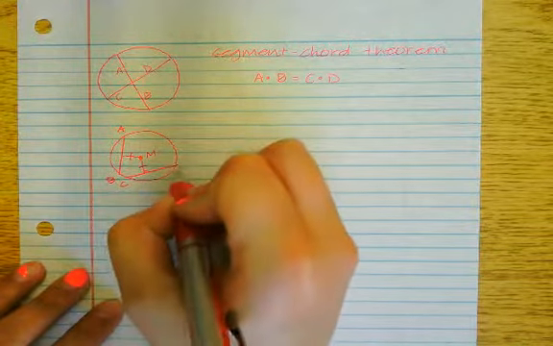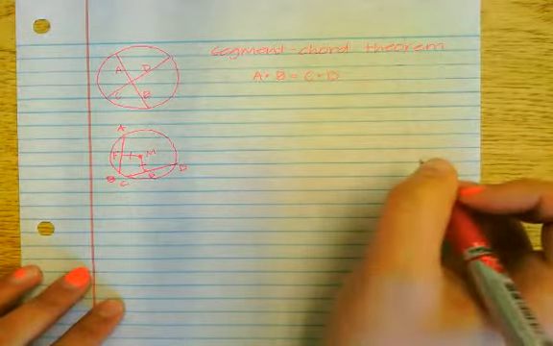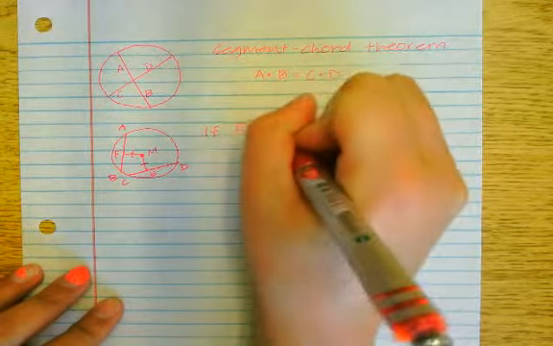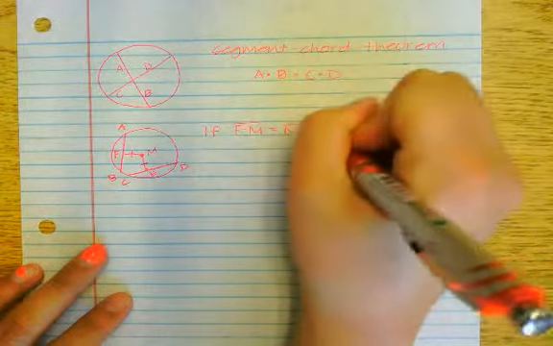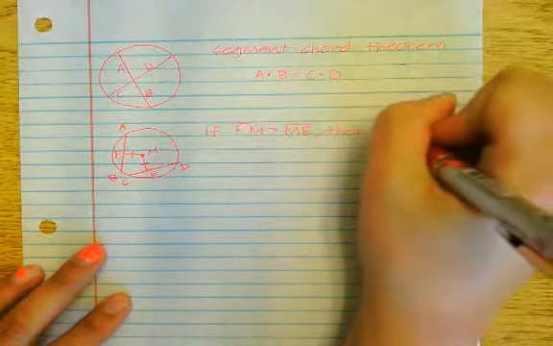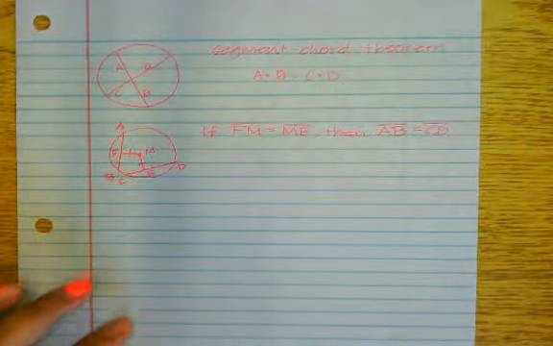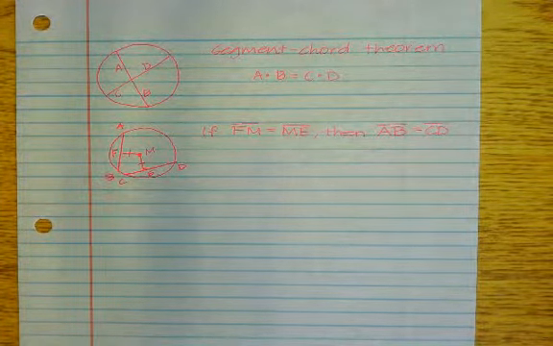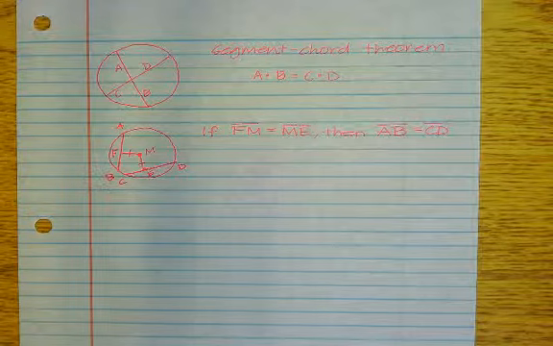So, if FM is equal to ME, then AB is equal to CD. So if the chords are equidistant from the center, then the two chords are congruent. Does that make sense? Okay.